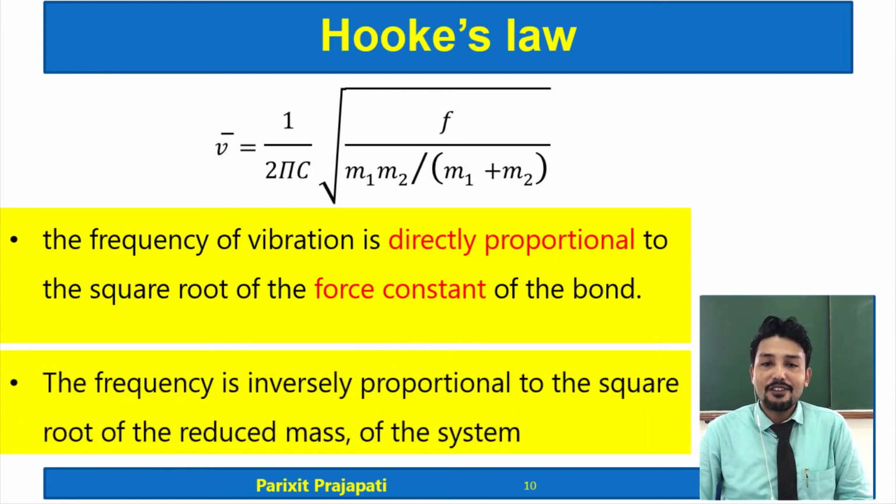The frequency is inversely proportional to the square root of the reduced mass of the system. Here, the term M1 into M2 divided by M1 plus M2 is also known as the reduced mass. So, frequency is inversely proportional to that. In the equation, you can see that it is in the denominator, so they are inversely proportional.